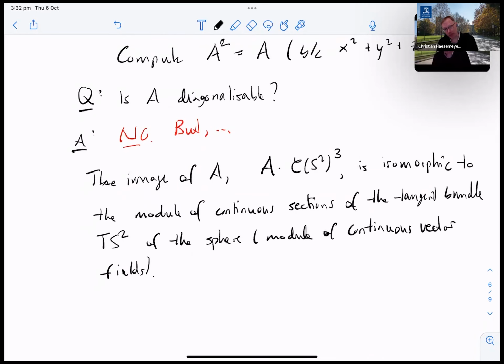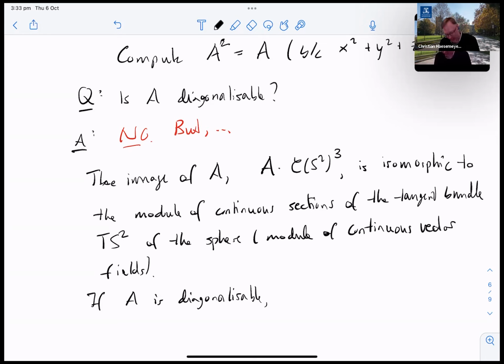Well, if A is diagonalizable, that would mean that the module of continuous vector fields has to have a basis. And whether that has rank 1 or rank 2, of course it has rank 2, but that's not so important, a basis element must be a nowhere vanishing vector field.